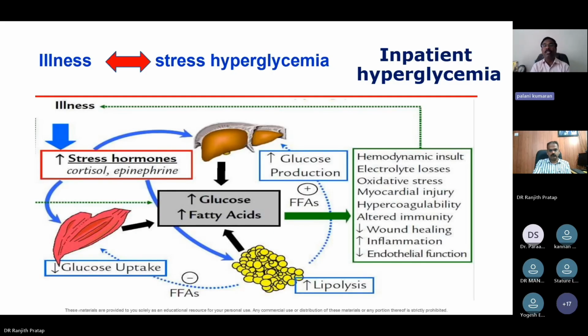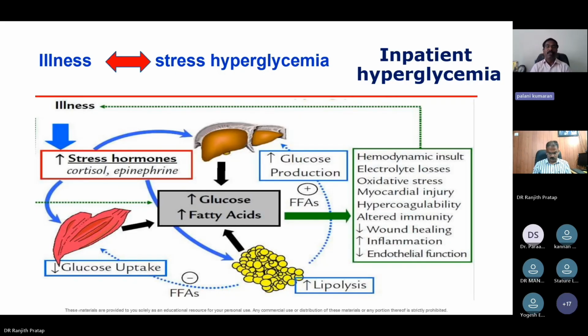And what are the causes for the increased mortality in in-hospital hyperglycemia? It's mainly the hemodynamic insult produced by the illness and also the hyperglycemia, electrolyte losses, oxidative stress, myocardial injury produced by hyperglycemic oxidative stress, hypercoagulable states due to the hyperosmolar states due to hyperglycemia, altered immunity, decreased wound healing, increased pro-inflammatory conditions, and decreased endothelial function.